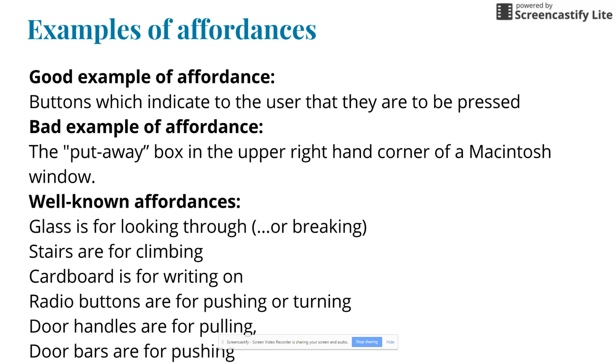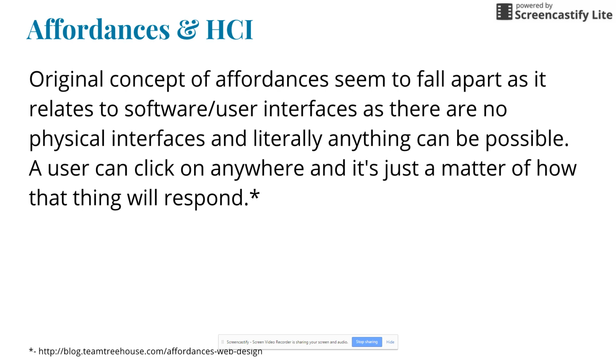Now that we have talked about the basic concepts of affordances, let's focus on affordances and HCI. The original concept of affordances seems to fall apart as it relates to software and user interfaces because there is no physical interface, right? Literally anything is possible. All a user has to do is click anywhere and wait and watch how that system responds, right?